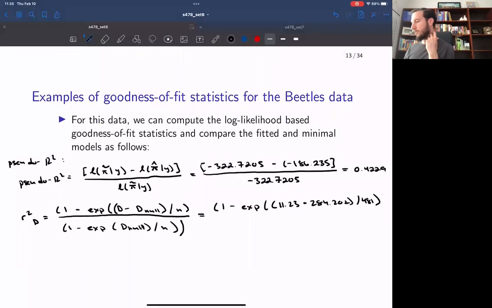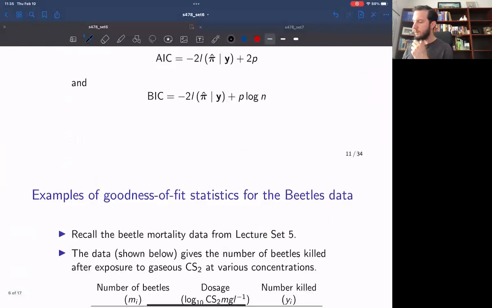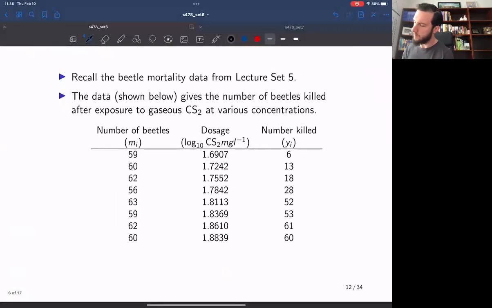So if we go back and look at the little n we are using in the deviance calculation, it is the sum of these values.